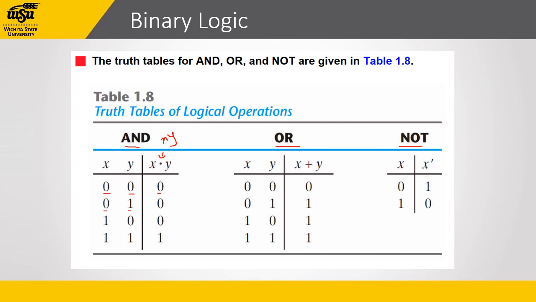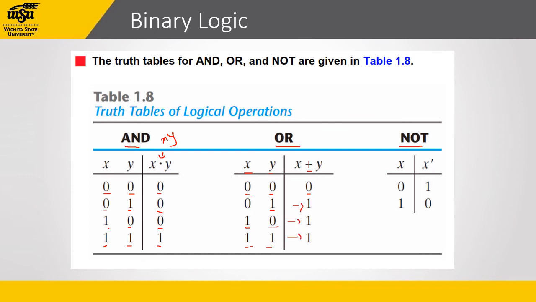Whenever only one of them is 1, again, the answer is 0, but only if both of them are 1, the answer is 1. For the OR case, if both are 0, the answer is 0, and we only need one of these variables to be 1, so the result of the OR operation is equal to 1.